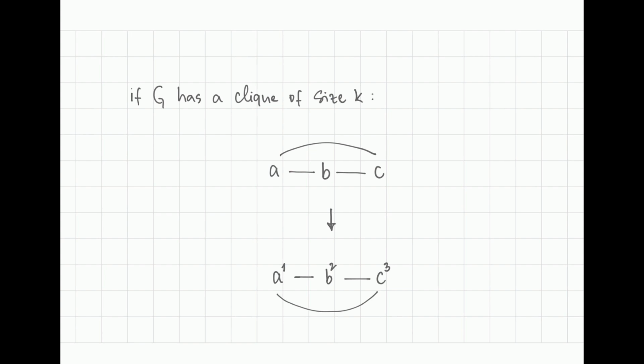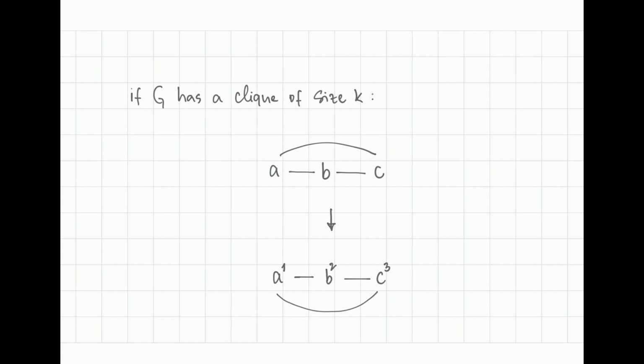And because of the way we added edges between copies, notice that these 3 vertices will actually form a clique. In general, if you have a clique on vertices, say v1, v2 through vk, then the multicolored clique will consist of the first copy of v1, the second copy of v2, the third copy of v3, and so on, up to the kth copy of vk.